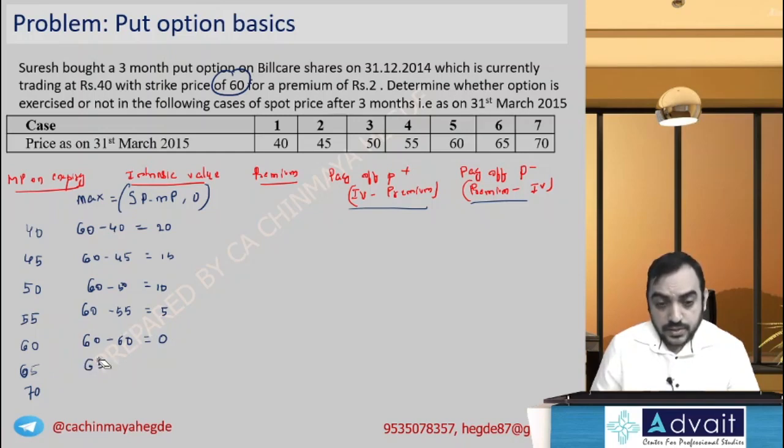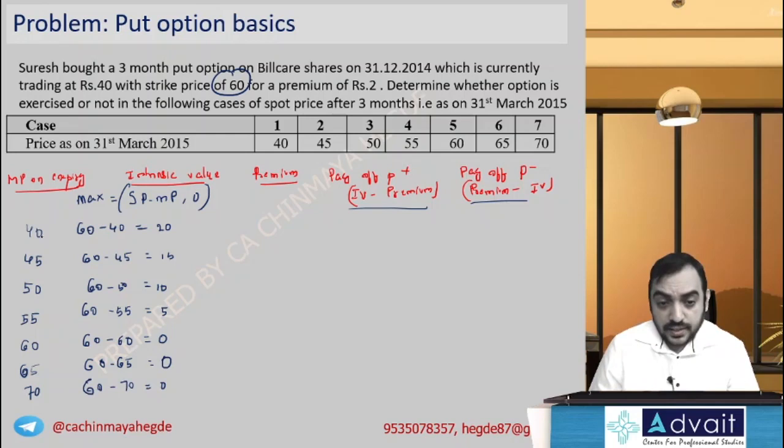At 65, 60 minus 65, we should write 0 only, correct. And at 70, 60 minus 70 also we write 0.